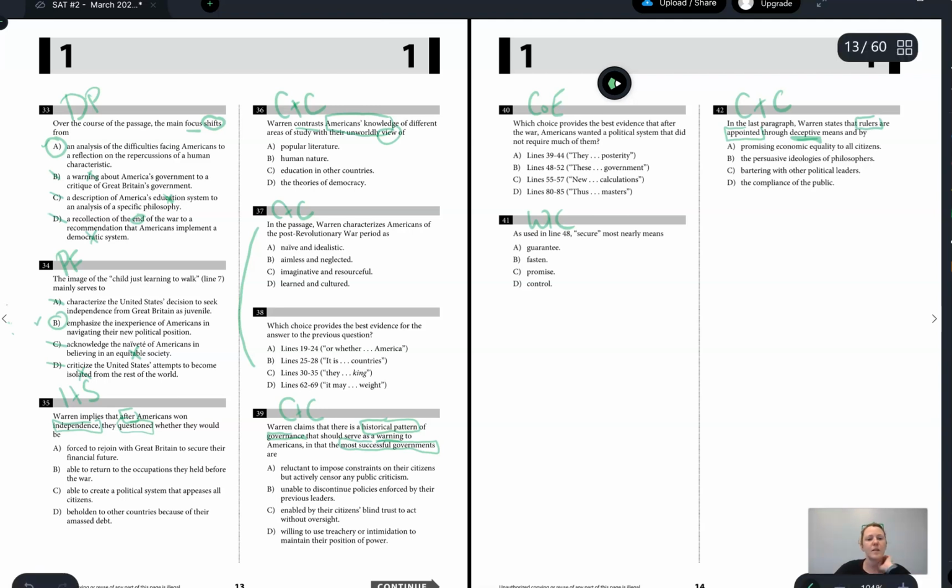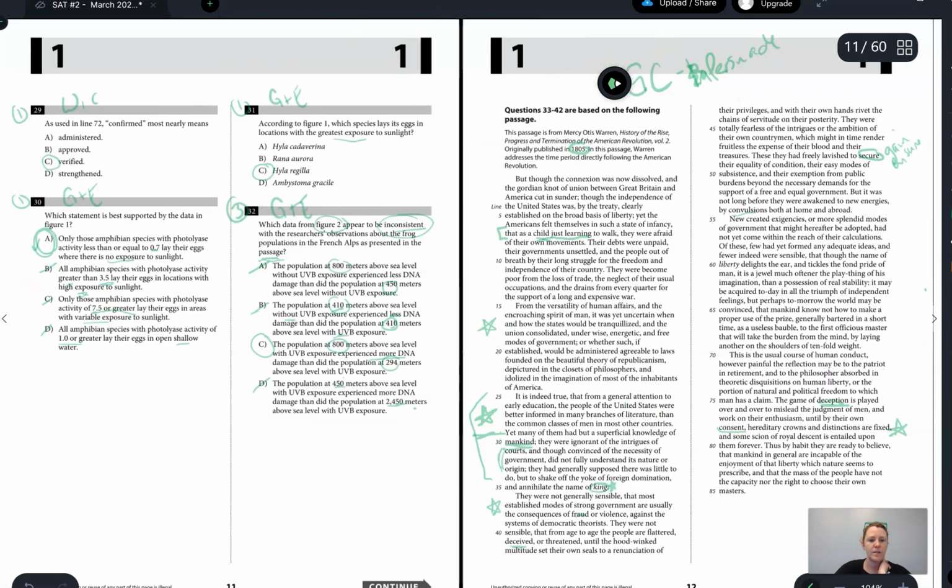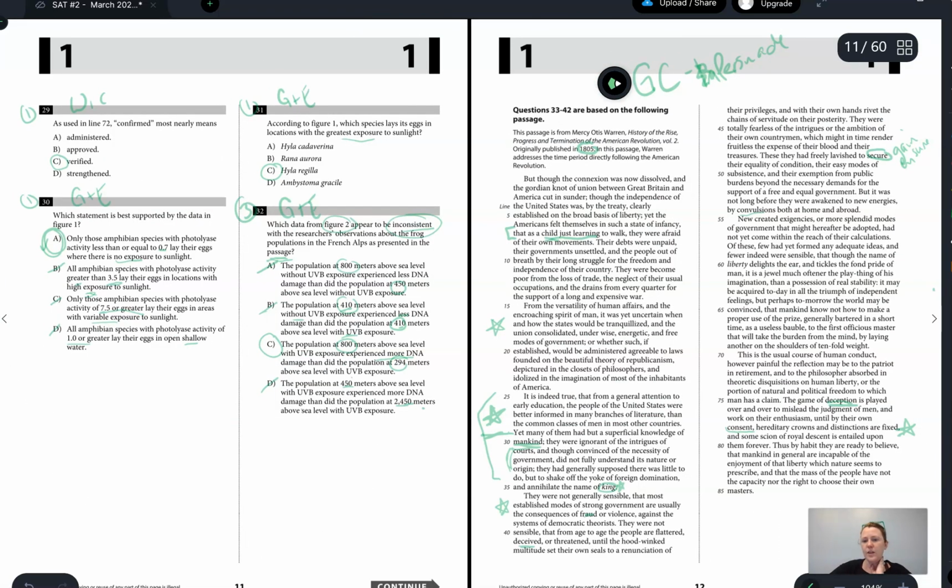We need something that asserts it's after they won their independence. Okay, so education is kind of around here. We know it's after 7. Theory of republicanism from the versatility of human affairs. So this isn't necessarily about... I don't see anything in here that shows that we've won the war or separated ourselves from England.